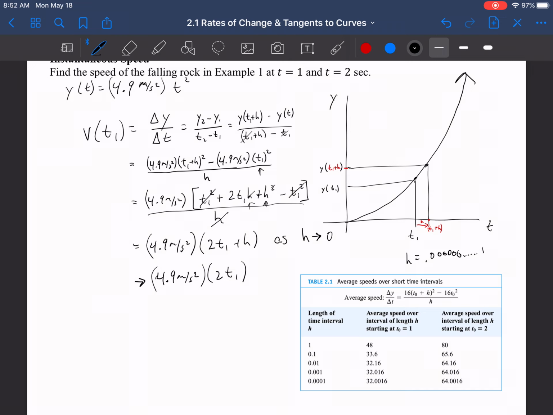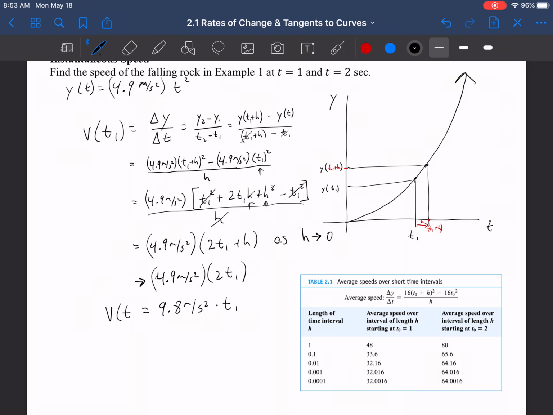We're letting it go to something really, really small. And when that happens, it's very insignificant. What we end up with is 9.8, that's 4.9 meters per second squared times 2, 9.8 meters per second squared times t1.